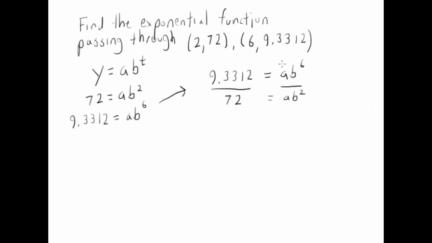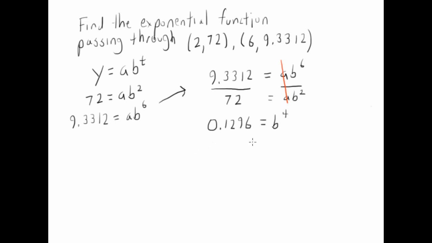Well, the nice thing is my a's cancel out. So I'm going to be left with an equation that just involves b. On the left-hand side, I've got 0.1296. On the right-hand side, I have a power of b. Very important to remember that in this case, we are subtracting exponents. So 6 minus 2 is 4.